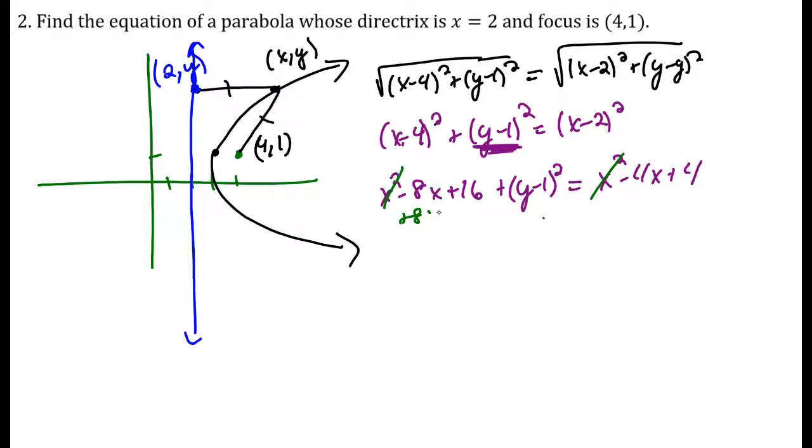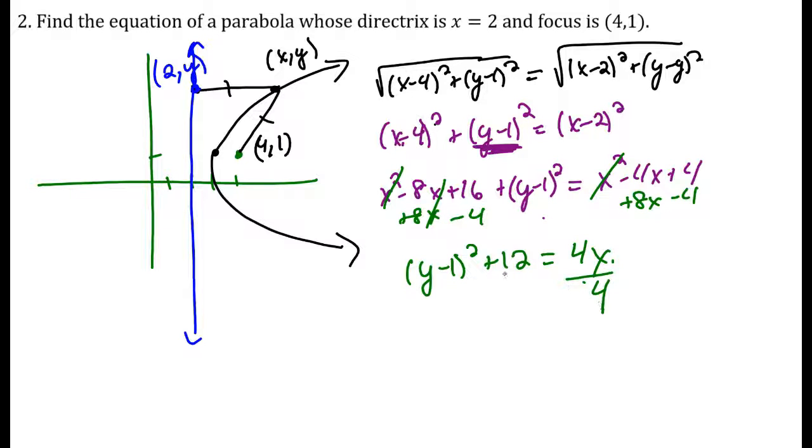So I'm going to add that 8x over, subtract that 4, (y minus 1) squared plus 12 equals 4x. Divide everyone by 4, and I get x equals 1/4 (y minus 1) squared plus 3.